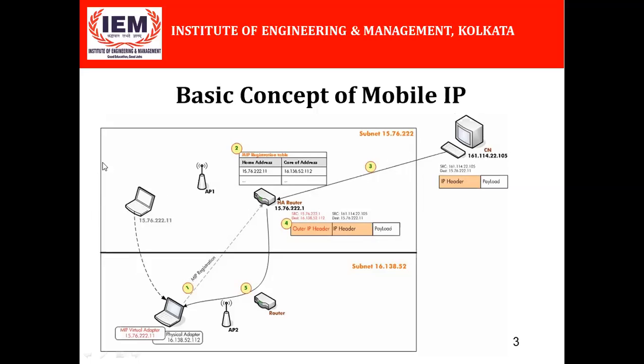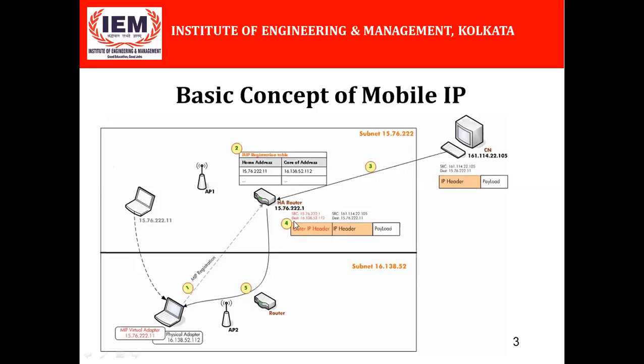This is the significance. When this information reaches the home agent, the home agent knows everything about the current location of the mobile node. So when the home agent finds this packet, it will add another header, which is known as the outer IP header. What does it include?